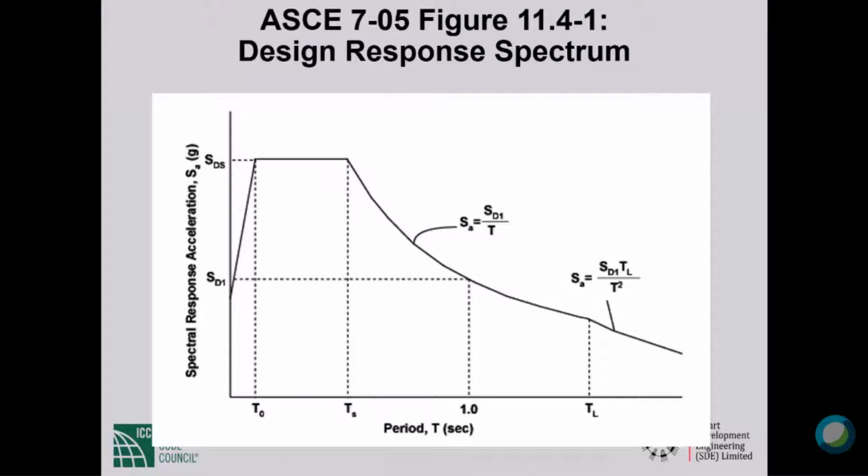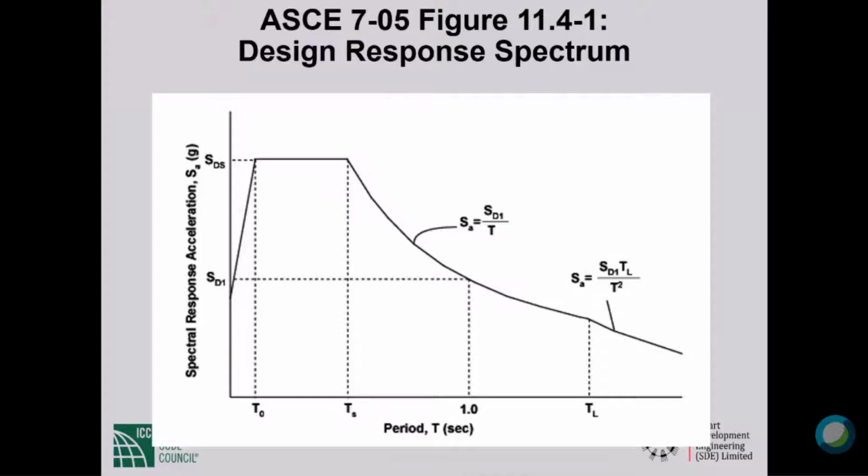The third branch in some ways is an add-on, and for you to be able to draw the third branch, all you need in addition to S sub ds and S sub d1 is the period T sub L, the long period transition period.